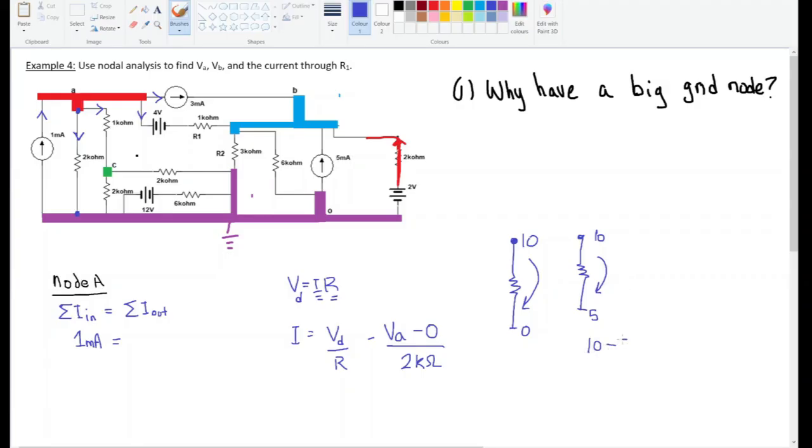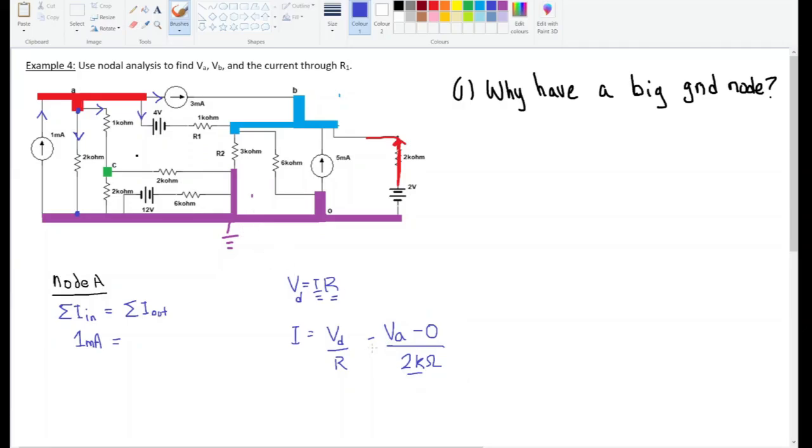It would have been 10 minus 5. So that's the voltage drop, and that's the resistance. So get rid of that. Okay, so that's the current. This equation here represents the current that's moving through here.